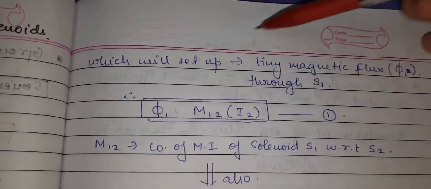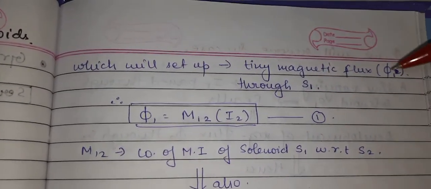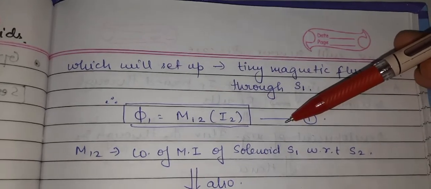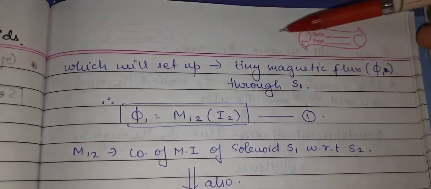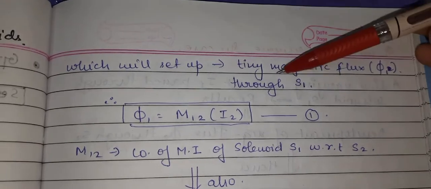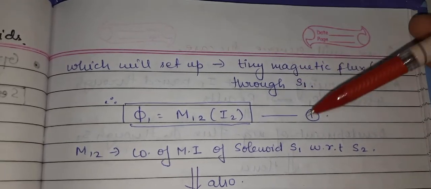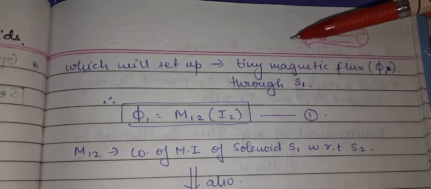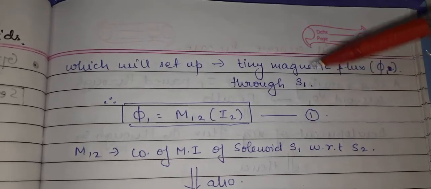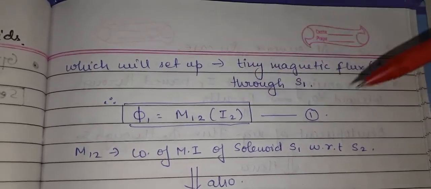Now this current will set up a tiny magnetic flux, phi 1, through S1. As the two coils are installed along one another, if we generate a current in the outer coil, the magnetic field lines will start passing through the inner coil.